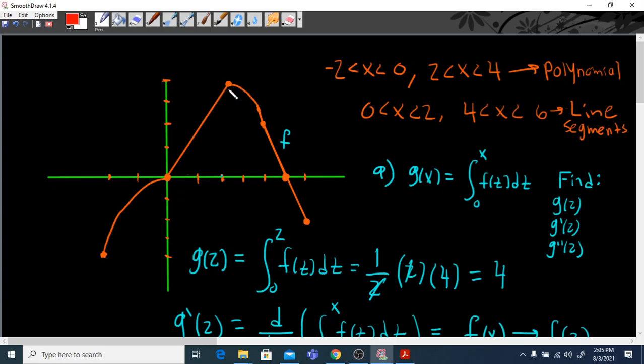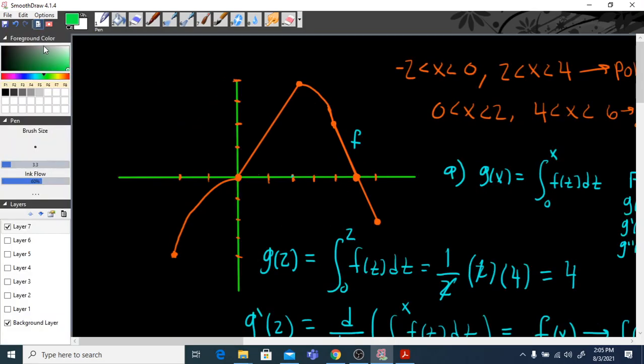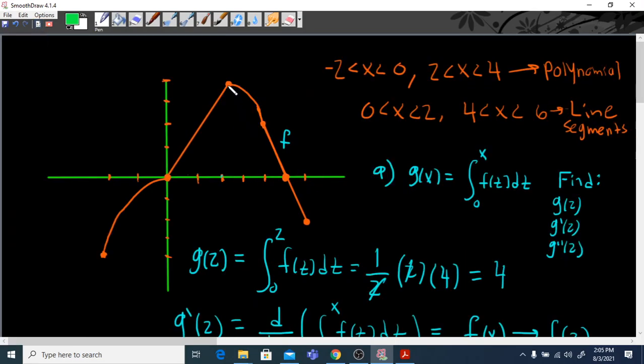So right here, this is what we're talking about. This is where the slope changes from positive to negative.